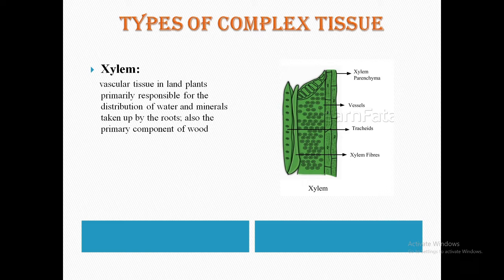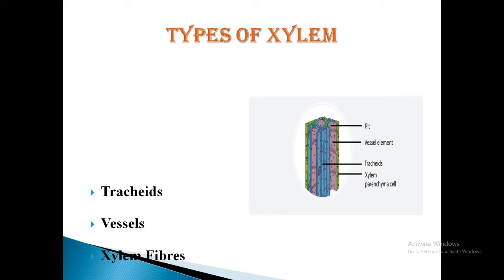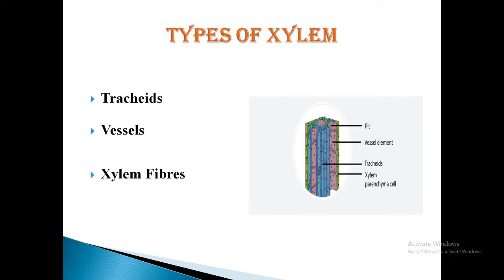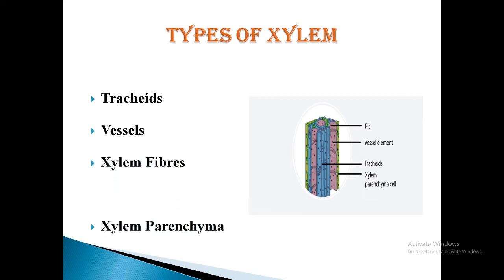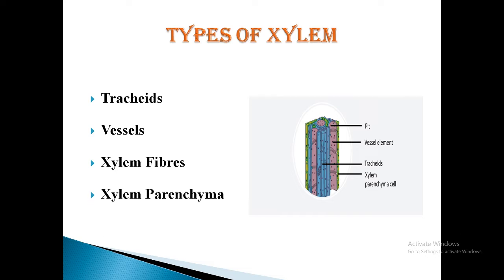So xylem is a conducting tissue of the plant, and it consists of several types of cells, that is tracheids, vessels, xylem fiber and xylem parenchyma. The most important ones are the tracheary elements, that is the tracheids and vessels. These are the two important cells in the xylem tissue.